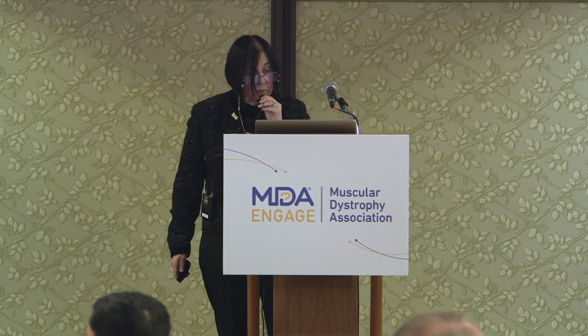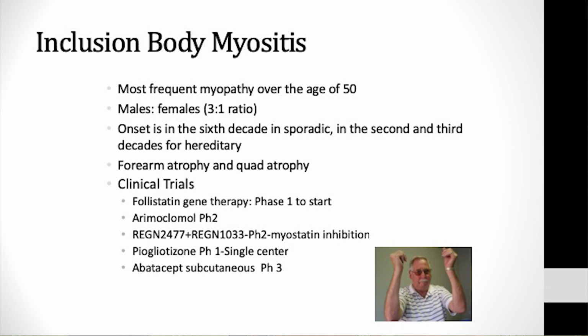Friedreich's is a slowly progressive illness. It's recessive, you can have heart disease, you get incoordination, some sensory findings. And again, there are some treatment strategies out there. Epi-743 was safe and well tolerated in phase 2. What they did was they treated for 6 months.